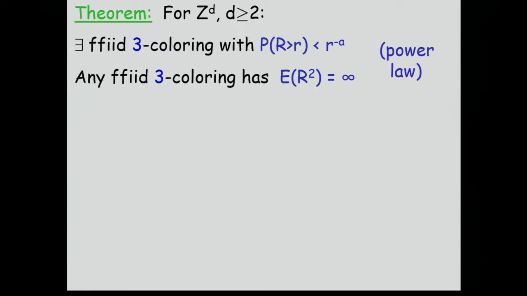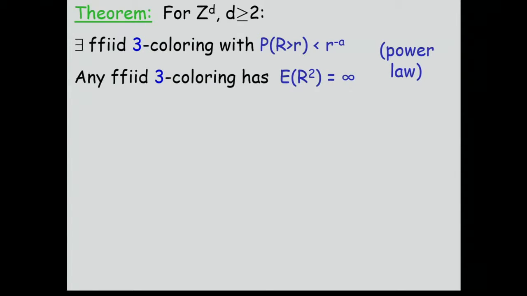So any finitary factor of IID 3-coloring has infinite second moment of R. Unfortunately, all we can prove is that this exponent A is very, very small. It's positive, but very close to 0. So there's actually a big gap between 2 and A, and we don't know what the correct power is. That's a very interesting question. But at least with 3 colors, it's a power law, and you can't do any better than a power law.